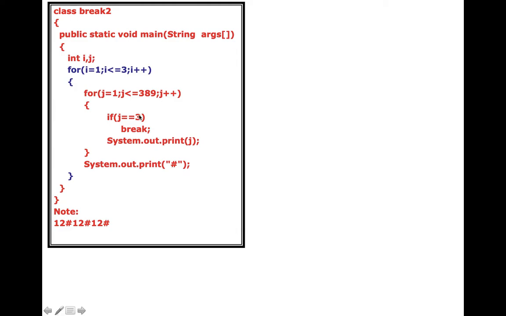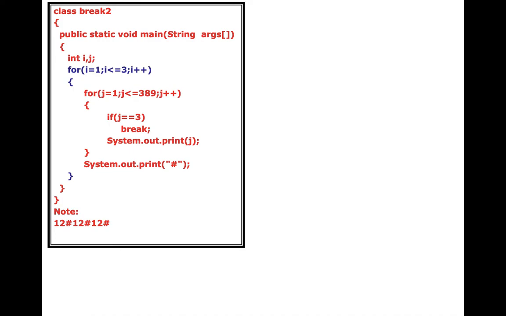So let's start. Now have a look at this loop. You know that this loop is going to work 3 times, for i equal to 1, i equal to 2, i equal to 3. So in the beginning i will be equal to 1. Now when i is equal to 1, compiler comes to for j loop and j also takes the value 1.